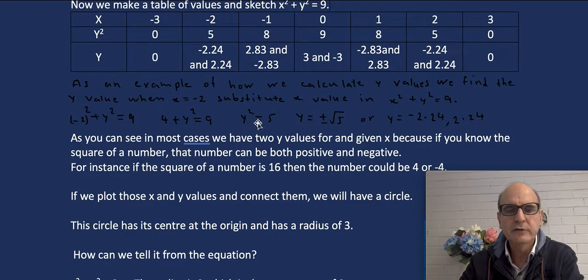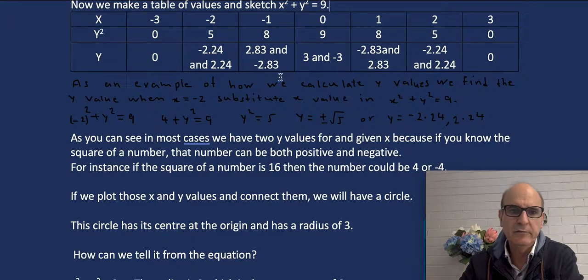Now we know y squared is 5, so that means y is the square root of 5, but you have to take both positive and negative, because both negative and positive numbers, when squared, will give you the same number. If you use your calculator for the square root of 5, you get 2.24. So you get negative 2.24 and positive 2.24. You have to put both of them in your answer.